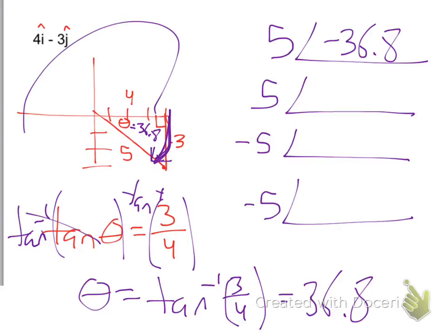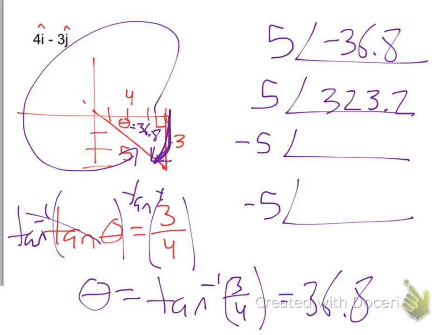I then also can go all the way around to here, which is taking 360 minus 36.8, and so it becomes what? 323.2. Anybody going to back that up? And that should be positive because I went in a positive counterclockwise rotation.